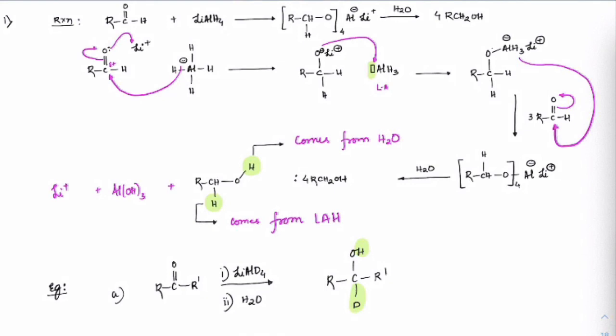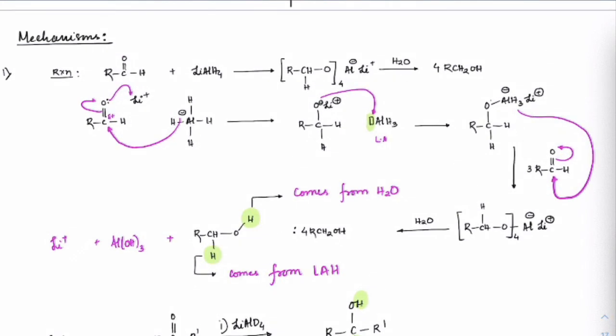Same thing in the second one, if you check, we have this form with OD, because the oxygen connected one will always come from hydrolysis, and the one which is carbon connected is coming from lithium aluminum hydride. So this is that hydrogen and this is that deuterium which has come from water.